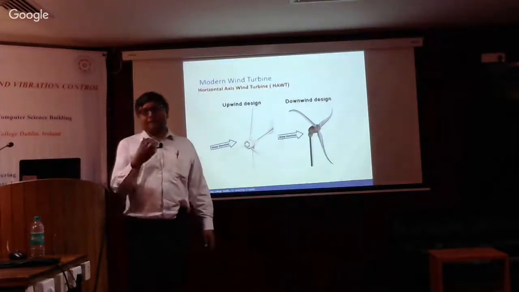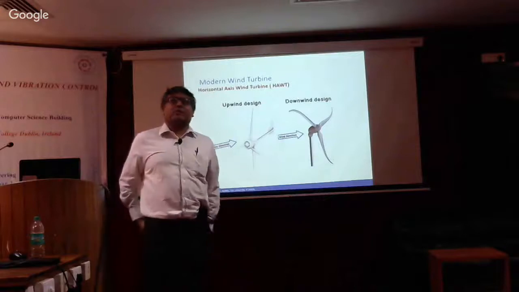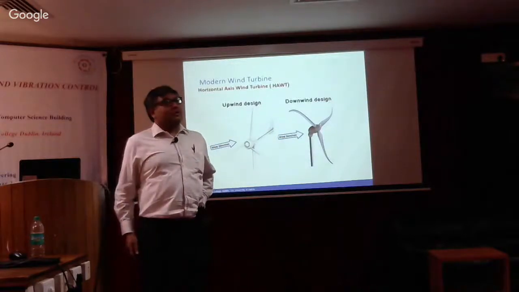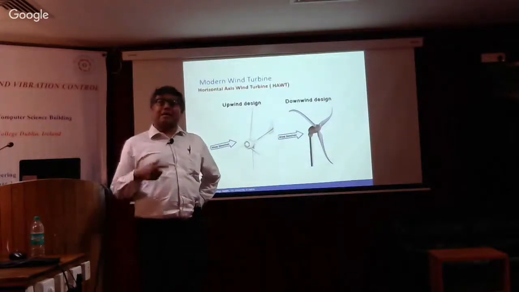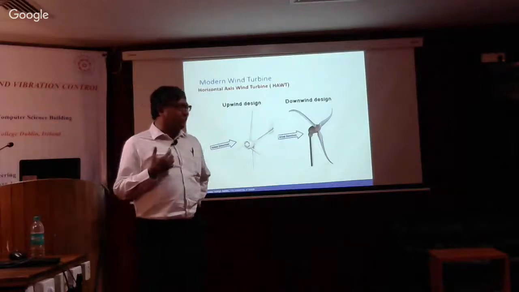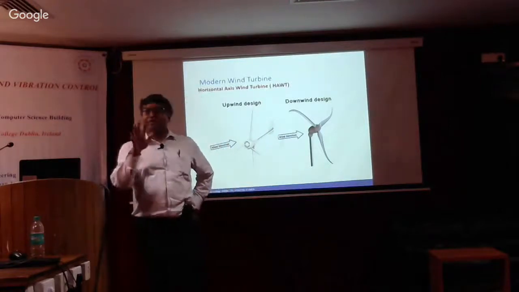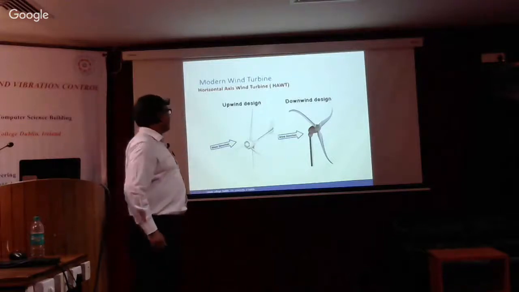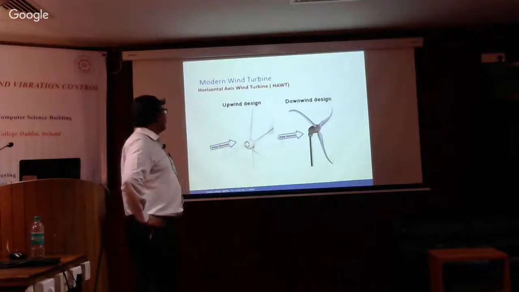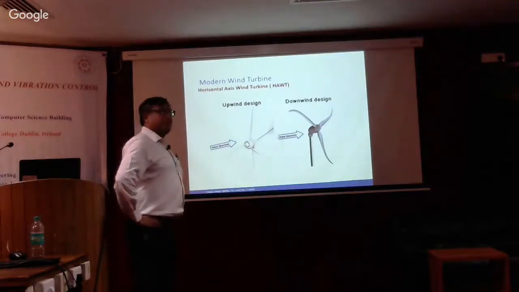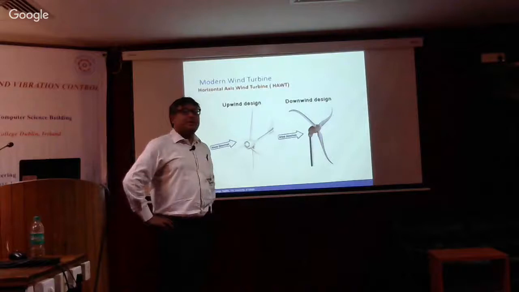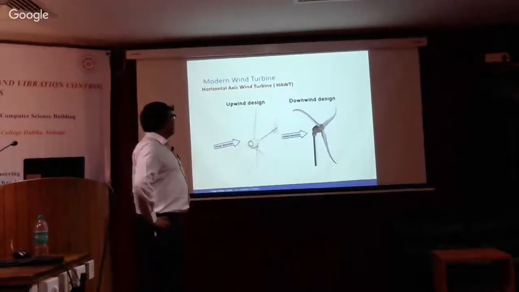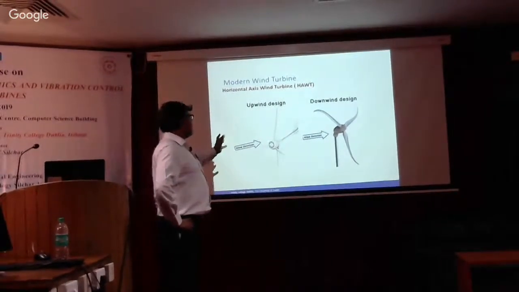I have mentioned certain things following the questions I answered. If you recall, we had a discussion on upwind and downwind turbine, but I didn't say exactly what it meant. So the first concept of a modern wind turbine, the horizontal axis wind turbine, relates to the design of the wind turbine depending upon the direction.